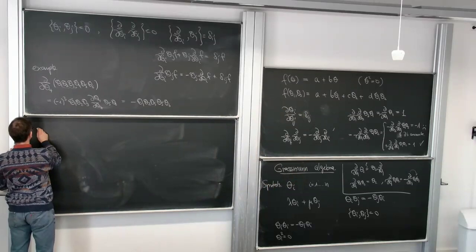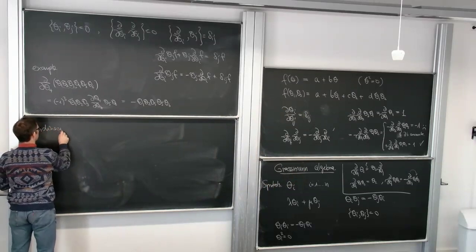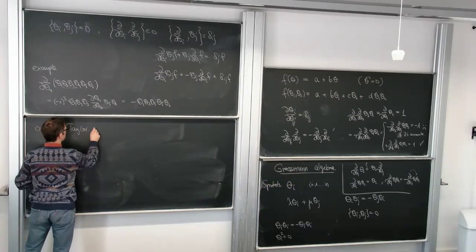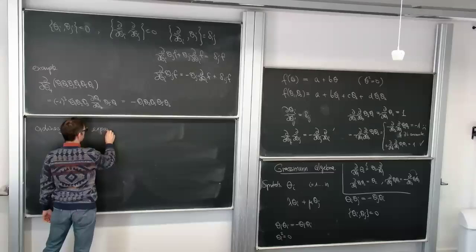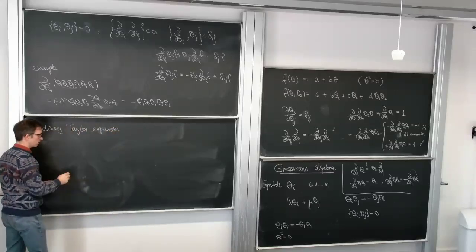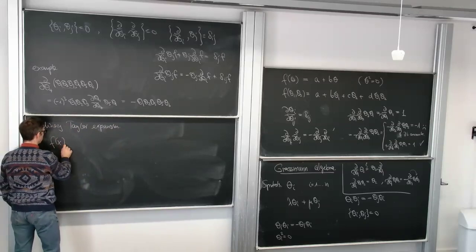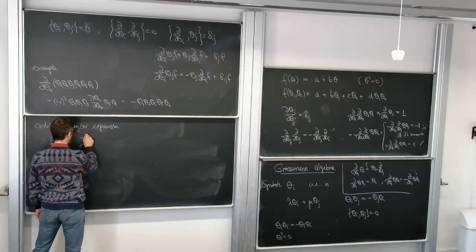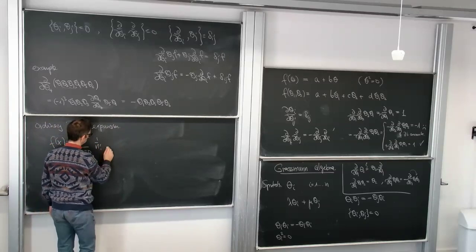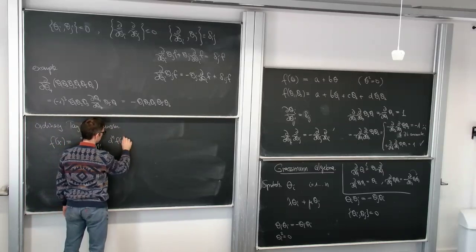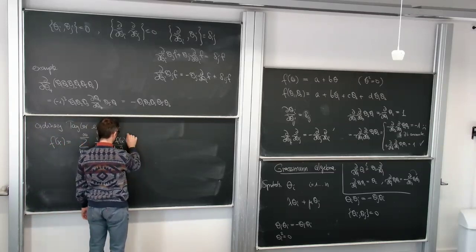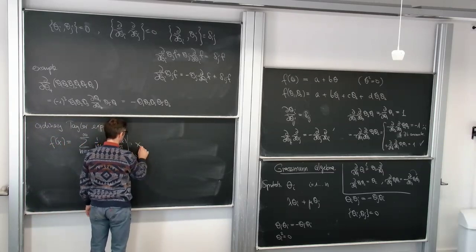If I have an ordinary Taylor expansion, ordinary means with respect to a real or a complex variable, you write f of x is equal, and then you get all these terms over n factorial, and maybe you like to write them like this: the n-th derivative of f with respect to x, and then you set x to 0, and then multiply by x to the n.